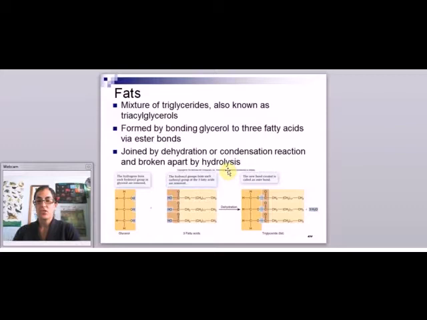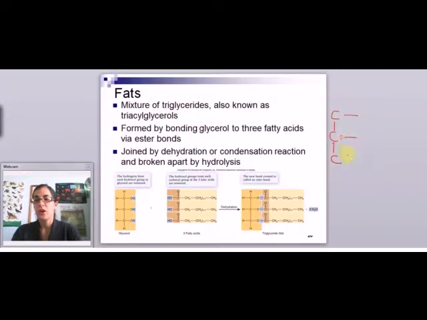Fats have a basic structure where it's a glycerol molecule, and glycerol is a 3-carbon molecule, and it is illustrated here. And just for simplicity, I'll draw a little more simple version of it over here.